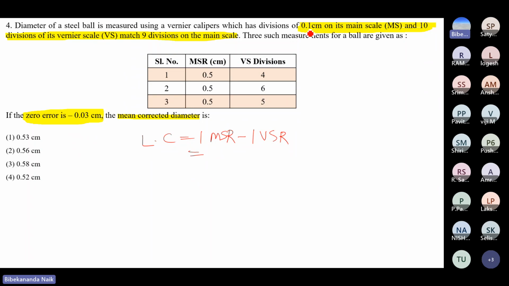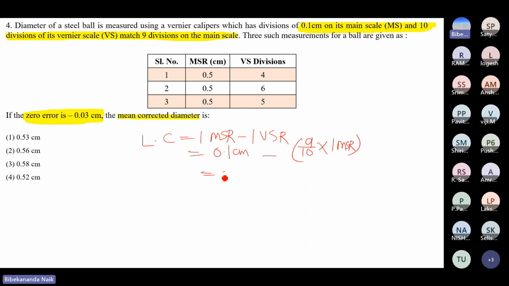The main scale reading is 0.1 centimeter, and what will the vernier scale reading be? 9 divisions of the main scale coincide with 10 divisions of the vernier scale. So what will one vernier scale reading be? Similarly to what we calculated before, it will be 9 by 10 into 1 main scale reading.